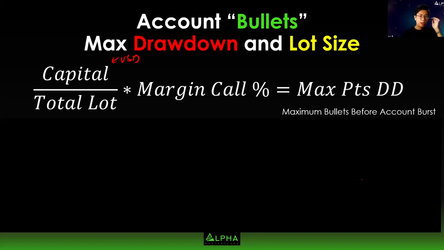Other than that, you have total lot, which refers to the lot size that you open, meaning all the lot sizes. Next is margin call percent, which refers to when you lose how many percent of your account the broker will start to cut loss your account. By default, most brokers will give you 80%. The last one is max point drawdown, the maximum bullets before your account bursts.